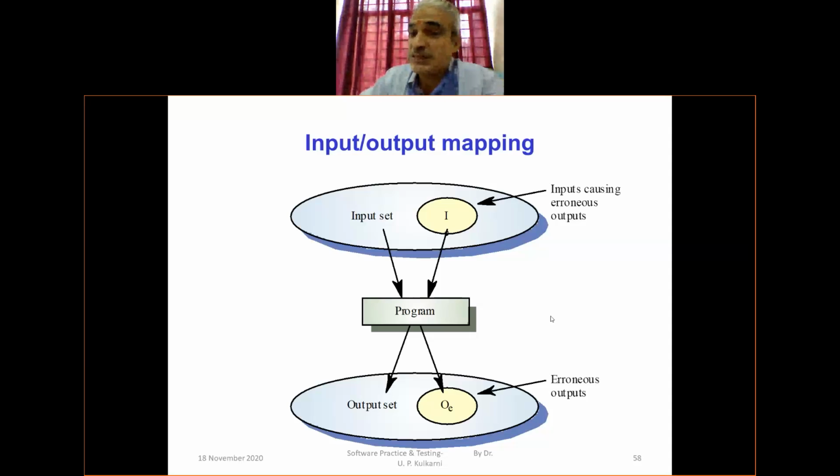If that is not taken care of properly, that's the diagram that shows an input causing erroneous output. This is an erroneous input because it is not accommodated in your design, and therefore in the program. That's a very simple thing; you people have to understand it.